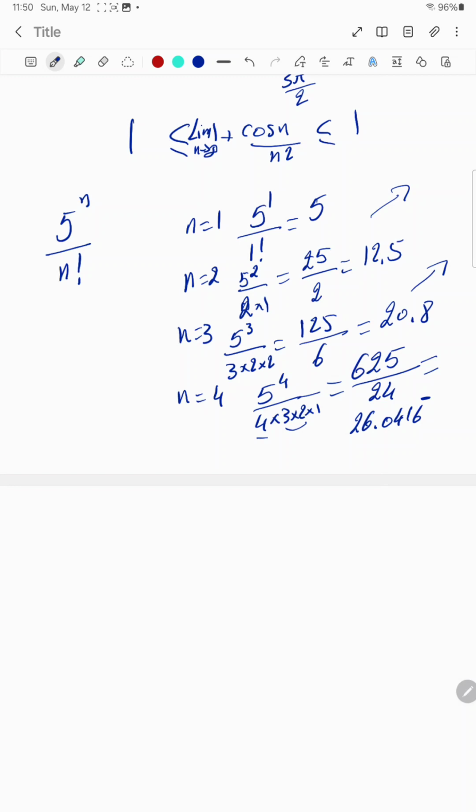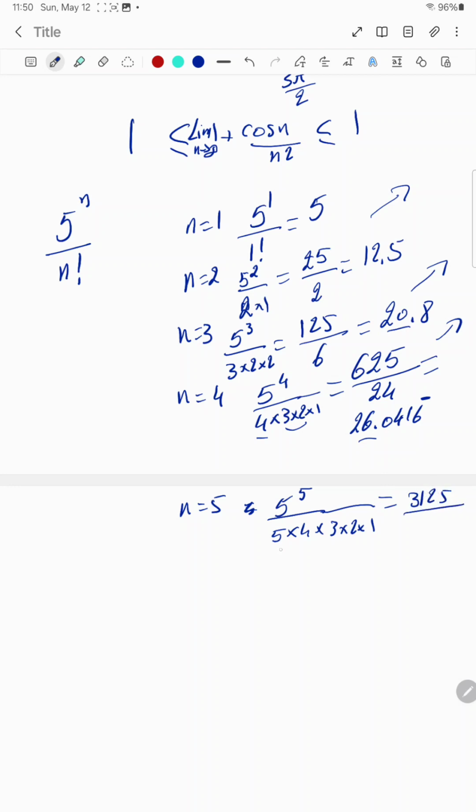periodic. And now if n equals 5, I will have 5 to the power of 5 divided by 5 times 4 times 3 times 2 times 1. So here it's still between 20 and 26, it's still going up. And 5 to the power of 5, if you do it on your calculator, is 3,125.